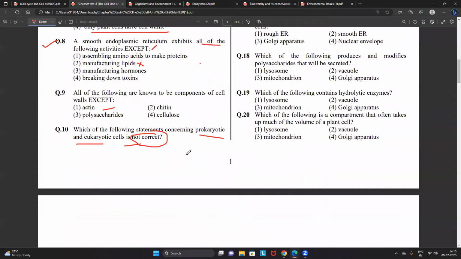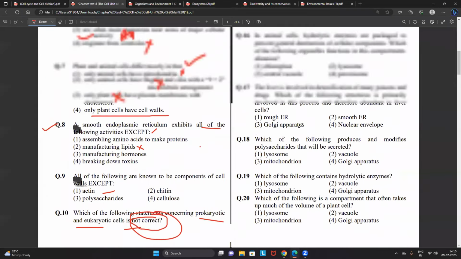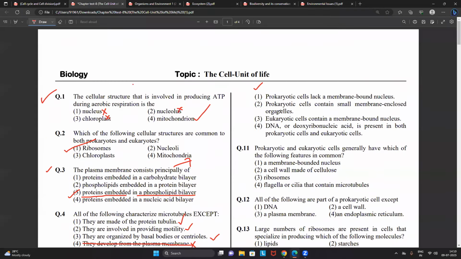First look into the question. The question says which is not correct. Obviously, we all know that prokaryotic cells lack a membrane-bound nucleus. That is a right statement. Option B says that prokaryotic cells contain small membrane-enclosed organelles.